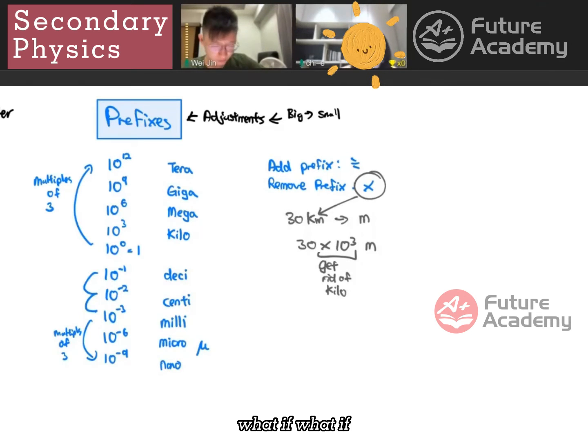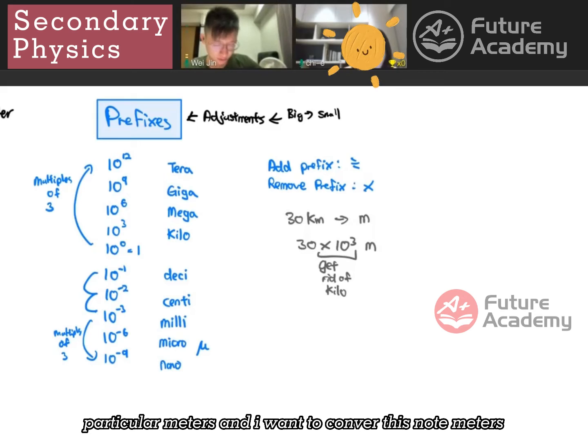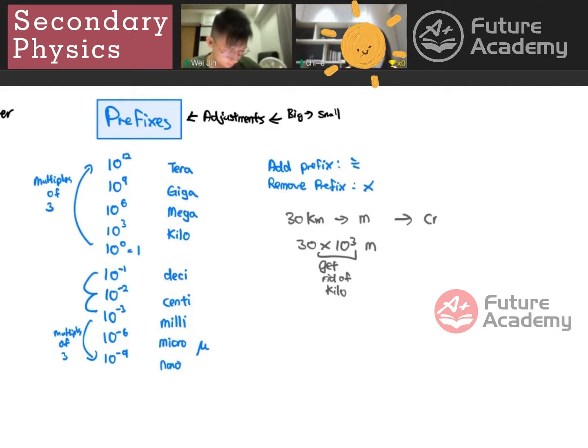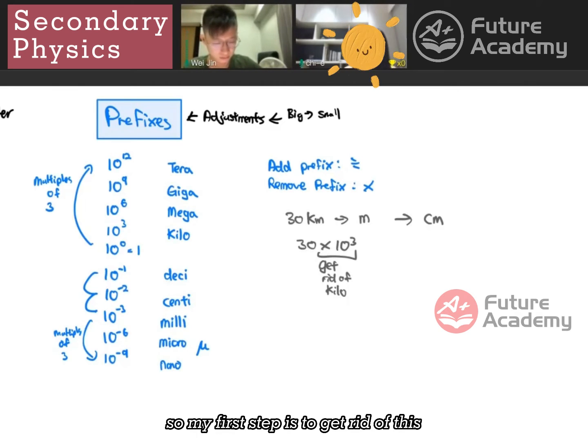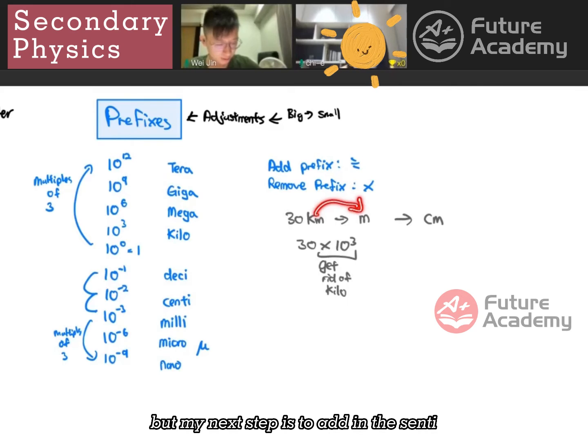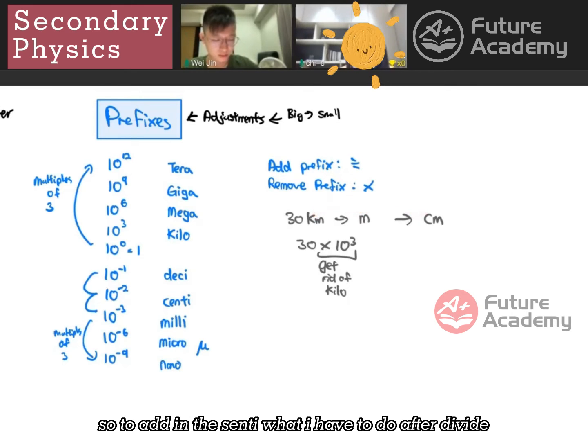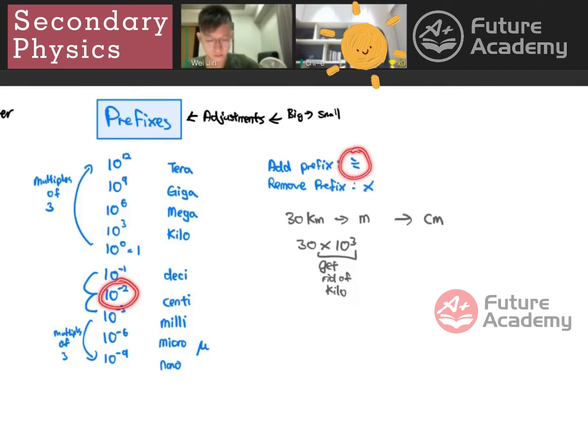What if I want to convert 30 kilometers not to meters, but to centimeters? In that case, I need to do two things. My first step is to get rid of the kilo. My next step is to add in the centi. To add in the centi, what do I have to divide by? Divide by 10 to the minus 2.